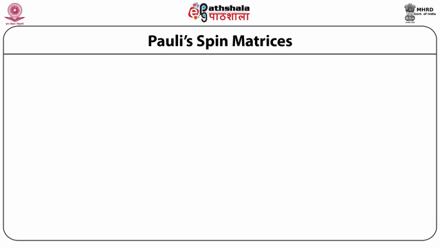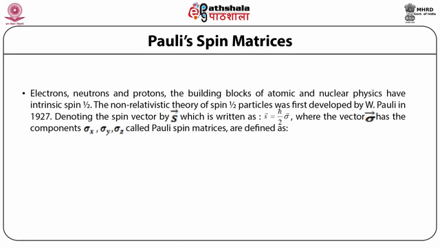Pauli's spin matrices. Now we will discuss another important concept that is very useful in quantum mechanics, which is how we try to incorporate the spin of the electron or the neutron or the proton into the formalism of quantum mechanics when we are trying to define or discuss any atom.